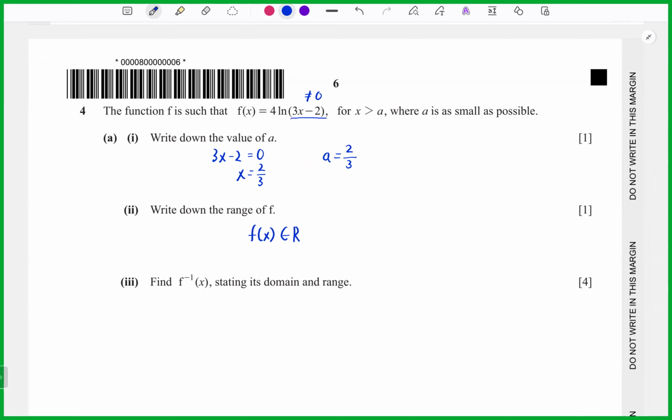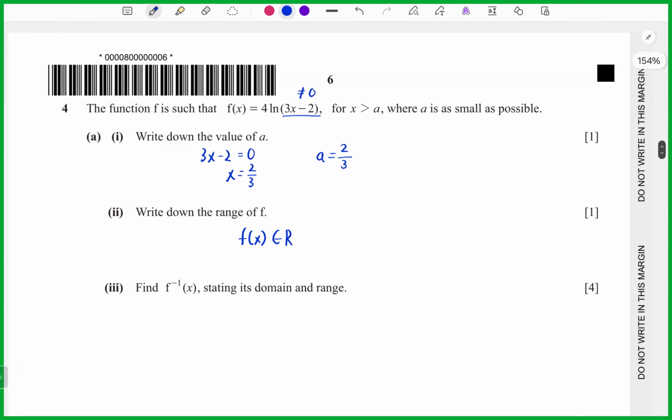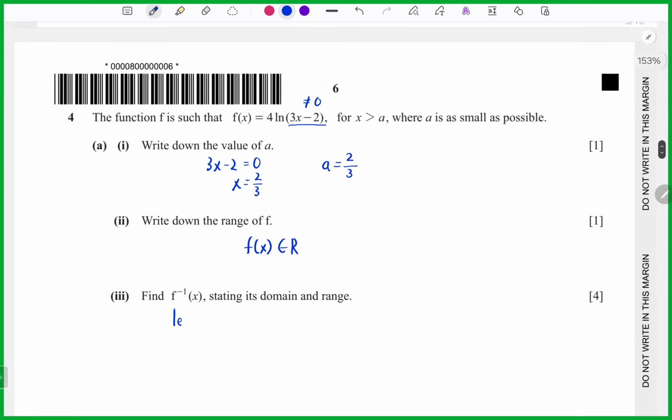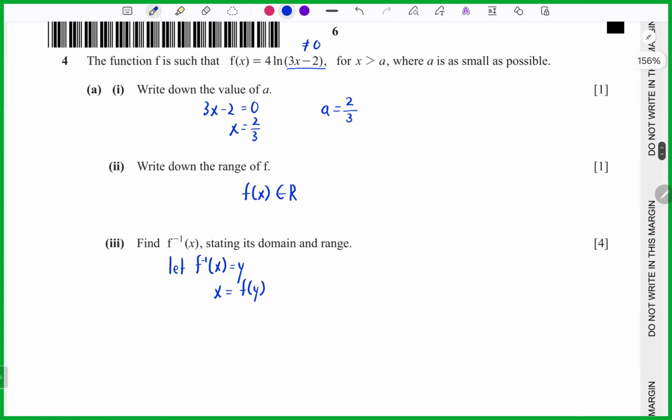Okay, find the inverse, stating its domain and range. So we see how to do it. We let the inverse equal to y, so x equals f(y).